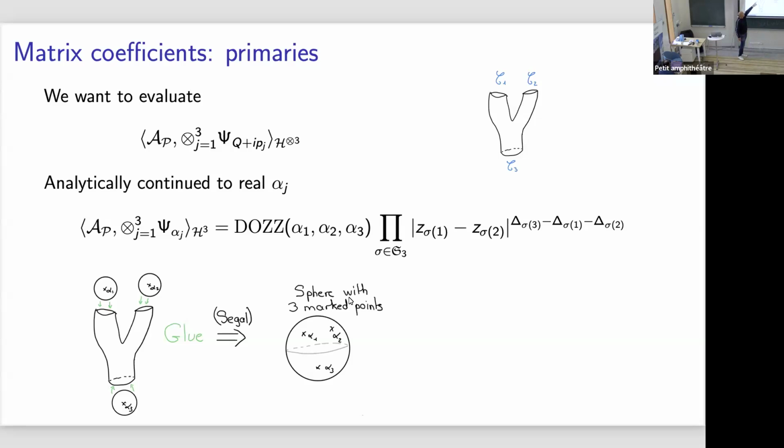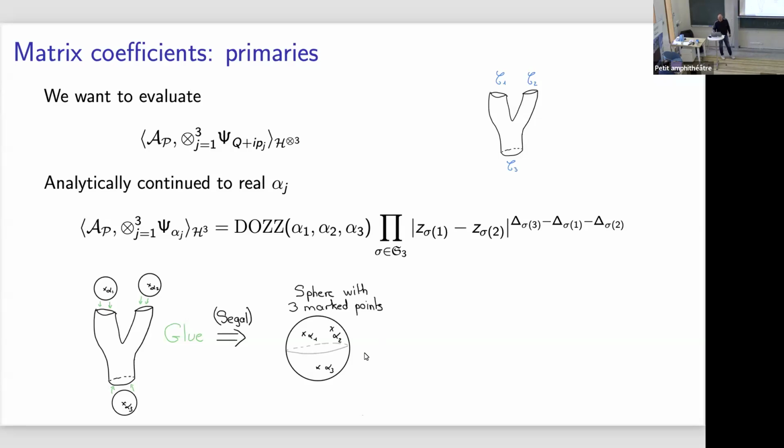So that in the end you compute these with the alpha that are real and less than Q. In that case, you know that there is an amplitude of the disk with a marked point. The Segal functor tells you that the amplitude of the point applied to this amounts to computing the gluing of 3 disks to the ends of your point.